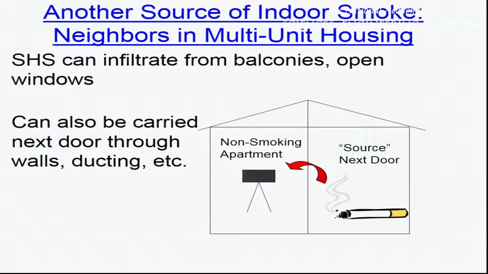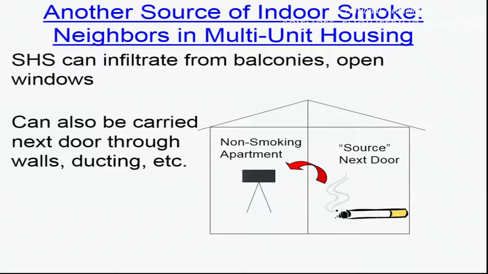All right, well, there's a few other sources that you might not think of smoke that I wanted to draw your attention to, and one is your neighbors. If you live in apartments or condominiums and you have neighbors next door or underneath you who, for example, are cigarette smokers, then intrusion or infiltration of secondhand smoke into your unit from these neighboring units can be quite substantial.